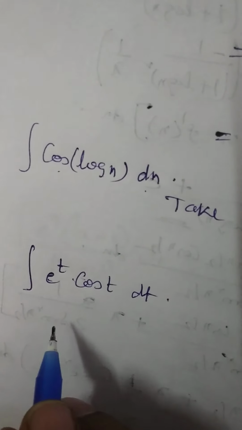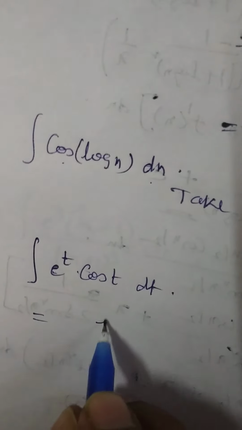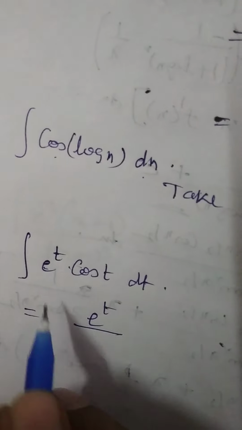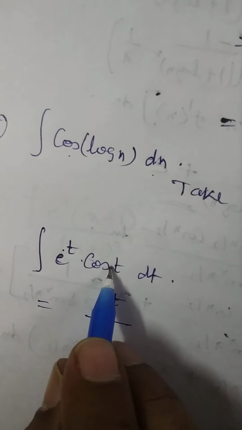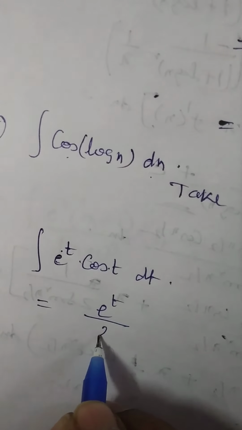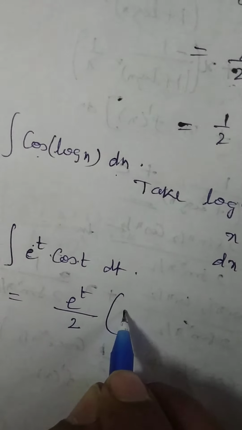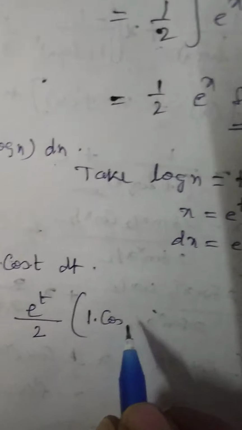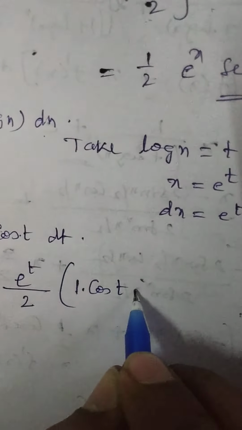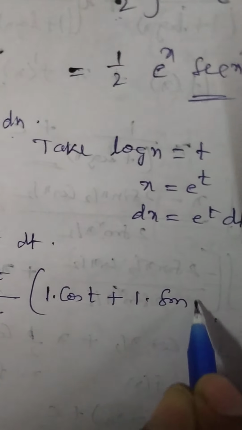So if you apply that formula, e power t by a square plus b square, where a is 1 and b is also equal to 1. So a square plus b square will be equal to 2, into a cos bx plus b sin bx.